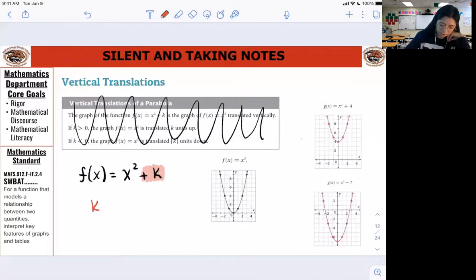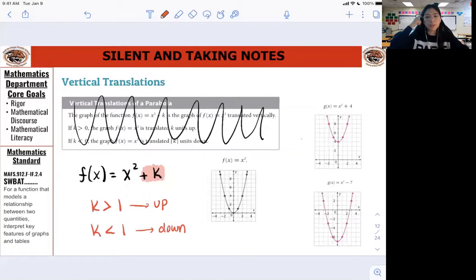If k is greater than 1, we go up. If k is less than 1, we go down. Simple as that. That number at the end is just telling me which way to go. Is it going up? Is it going down? How many units?